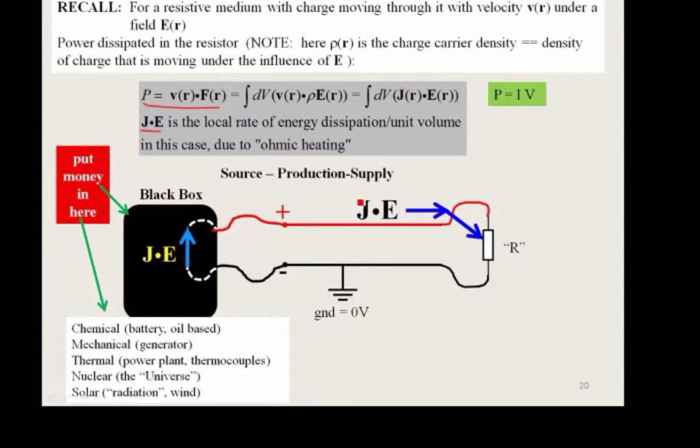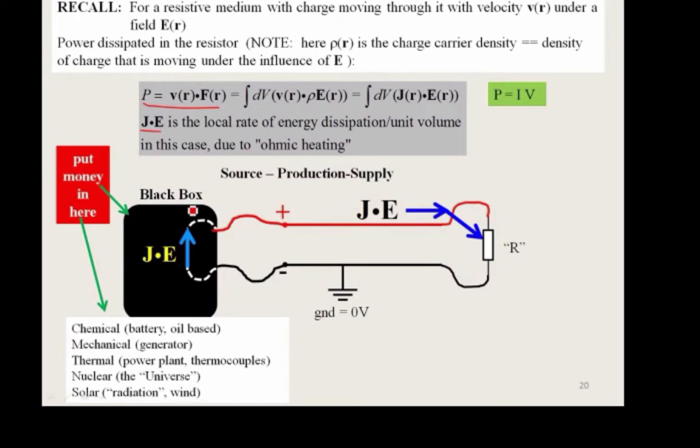We have this J dot E, and what we're saying is that that's being delivered to the resistor that's being heated. The E fields and the current densities, think of it as being a flow into the resistor. This is only schematic, but think of it as flowing from the source of potential to the resistor.